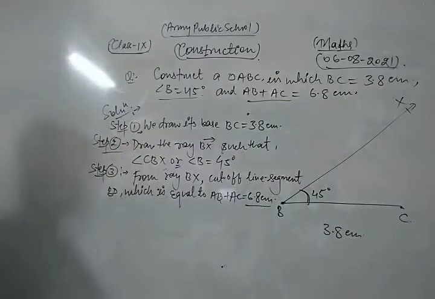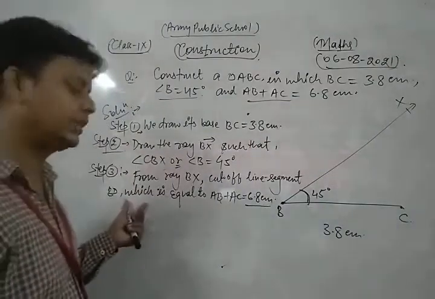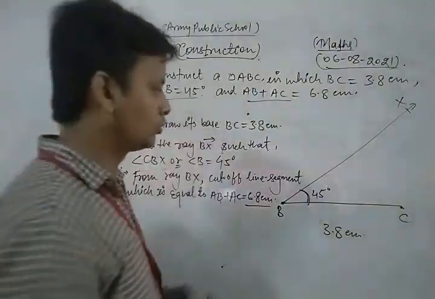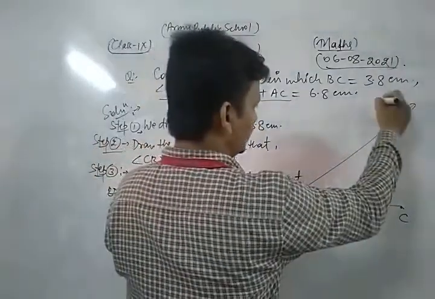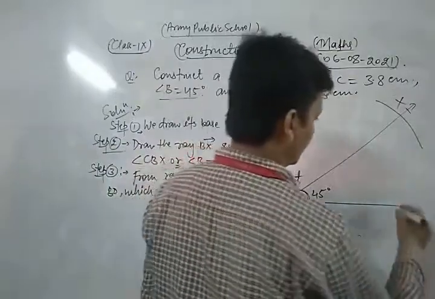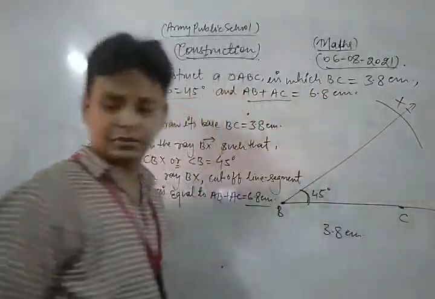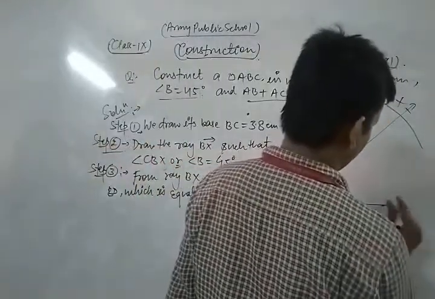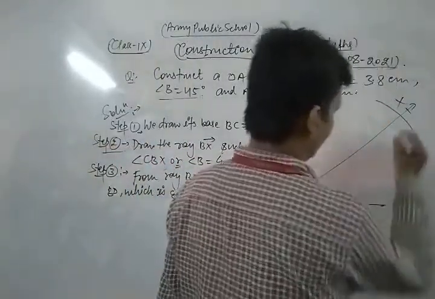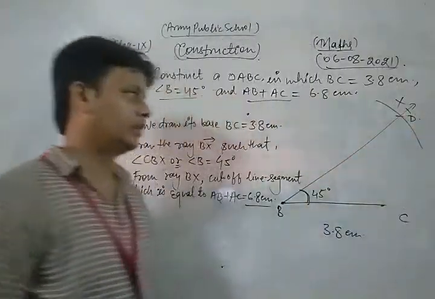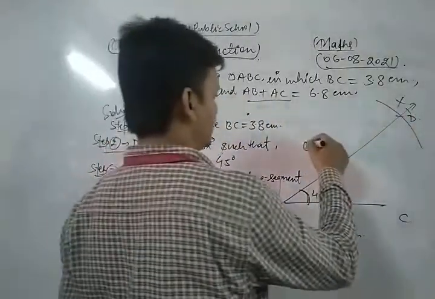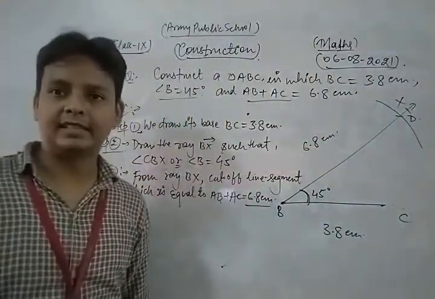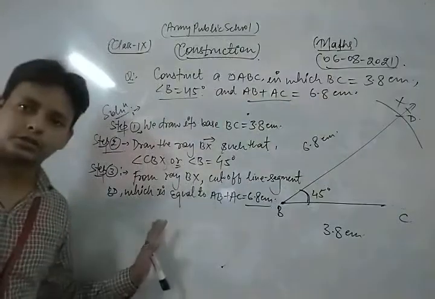Suppose that we draw it in this way. Now this is the line segment of length 6.8 centimeter. So this is the third step of construction.